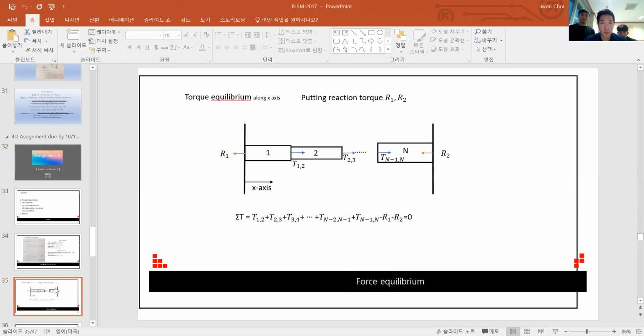First of all, we have to put in reaction torques. The left side will be R1, and the right side will be R2. The total torque should be 0. So T1,2 plus T2,3 plus up to Tn-1,n minus R1 minus R2 should be 0.